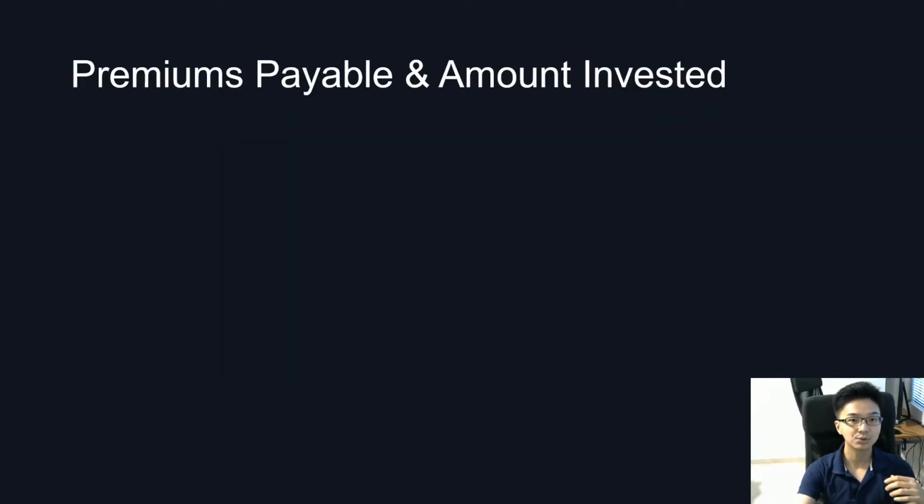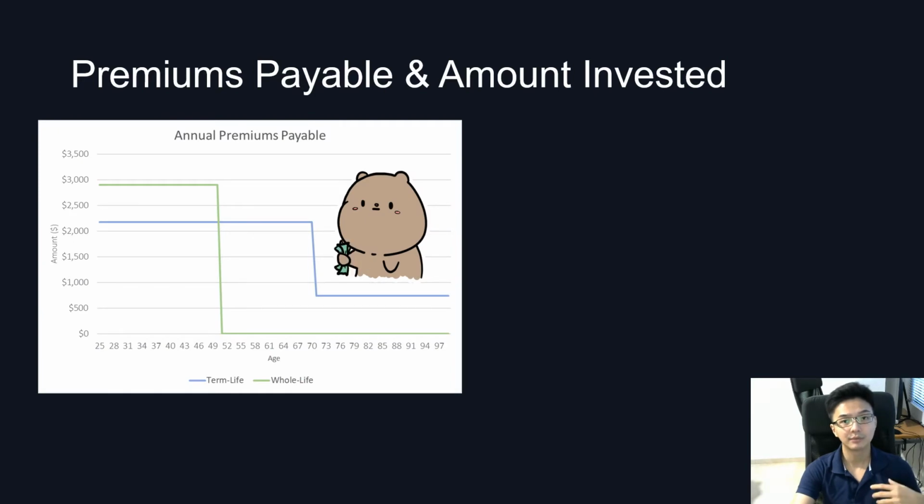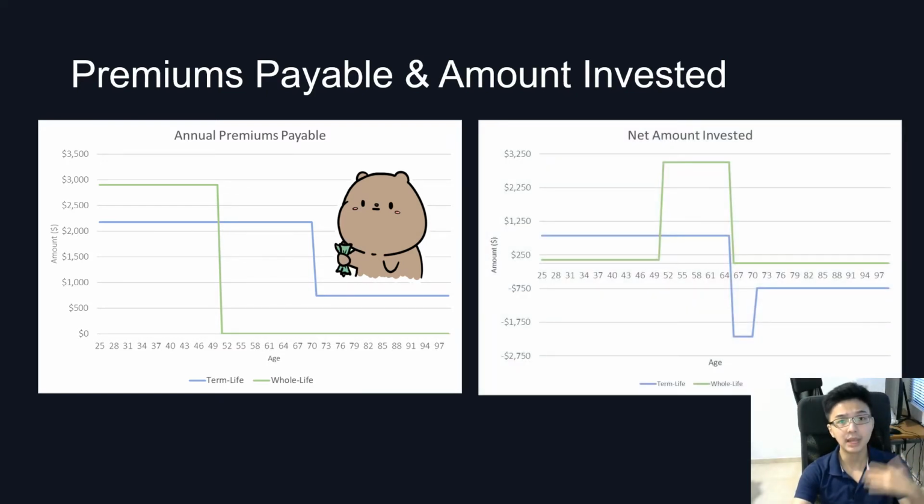Now, when it comes to each option, term life is obviously cheaper in the earlier years, but it will become more expensive beyond the age of 50 years old, as the whole life plan itself is usually payable for only 25 years. As a result of that, Jonathan would be able to invest more money that is left over from his $3,000 budget in his earlier years if he were to go with a term life insurance option.